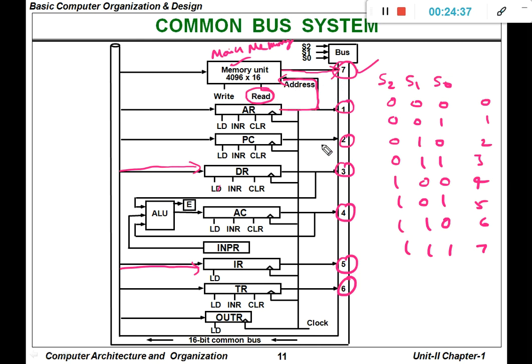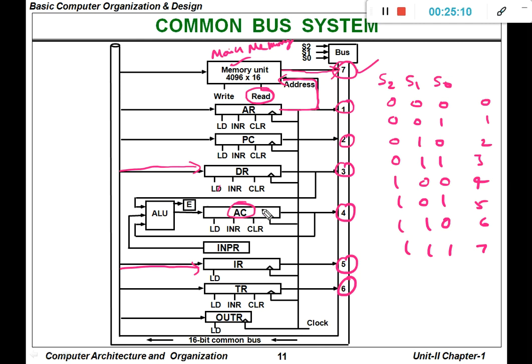Okay. Similarly, sometimes we may want to store the information also. For example, we have added 2 values by performing the add operation, and that result is available in AC, the accumulator register. Now I want to store this result into the main memory.